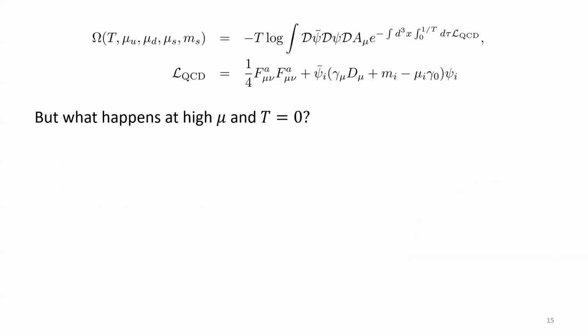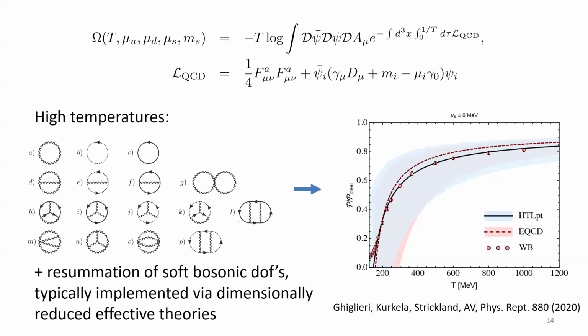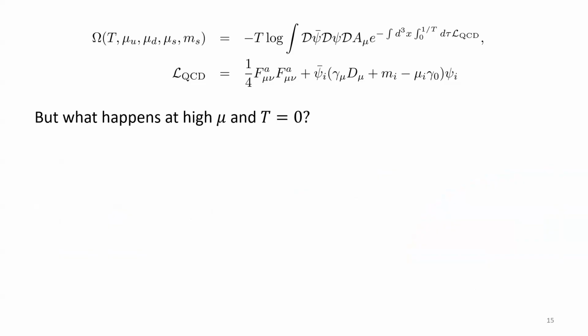But when we go to low temperatures, even the zero temperature limit, and high chemical potentials, the situation changes qualitatively. We no longer have lattice QCD available, no longer have data points that tell us the right answer. We really only have PQCD and observations to work with.